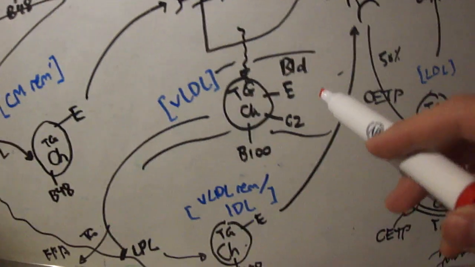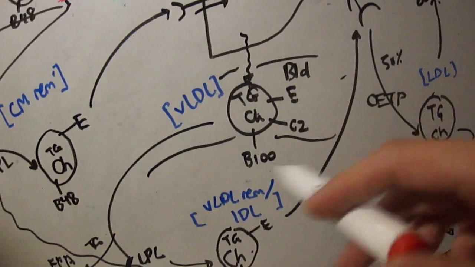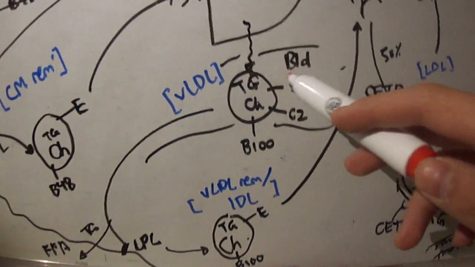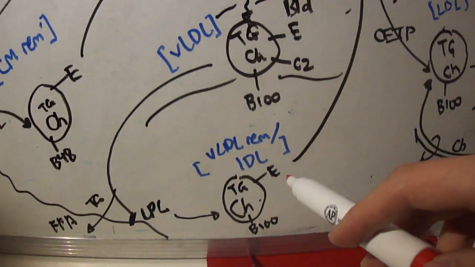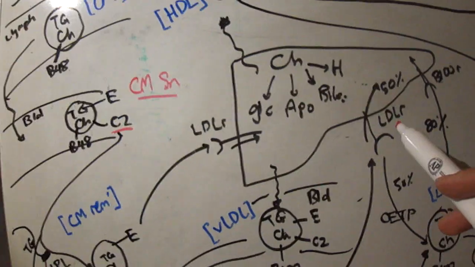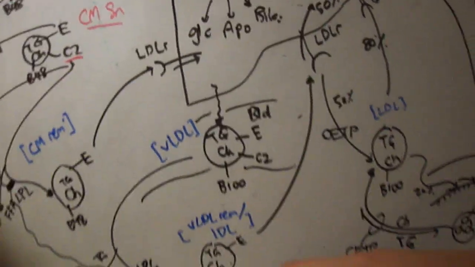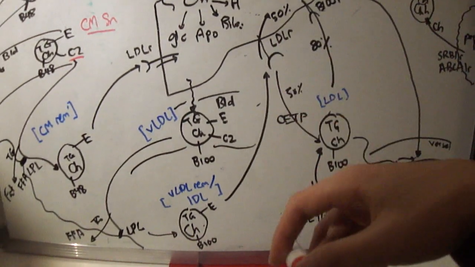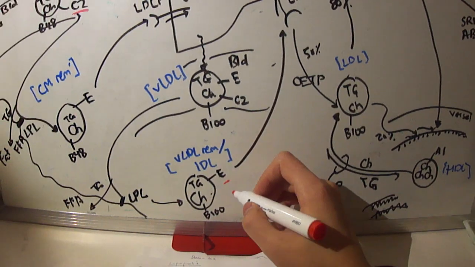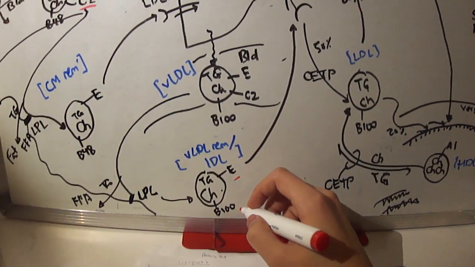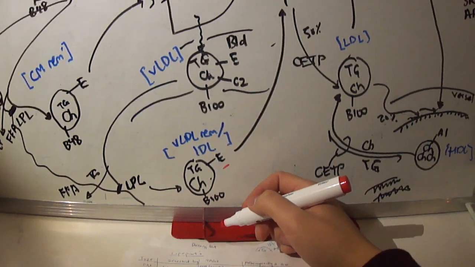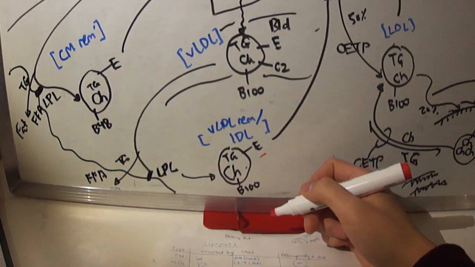So when we look at the VLDL, it has a bunch of apolipoproteins, and one of them is apolipoprotein E, and it is the one that brings it back to the liver for this IDL to be reabsorbed. Now, if we look at apolipoprotein E, there is a certain isoform called E2, where it is somewhat defective.